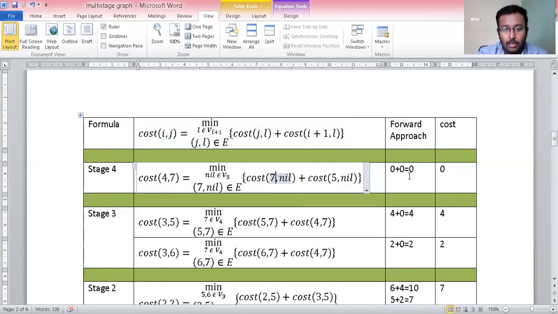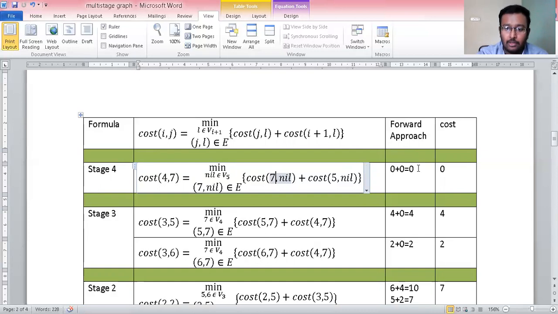So the cost actually comes out to be 0. So since I am in vertex 7 and in stage 4, and since there are no other vertices from stage 5, I take the vertex 7 cost to be 0, plus there is no edge that goes from 7 to the next stage. So again I will take the cost as 0.